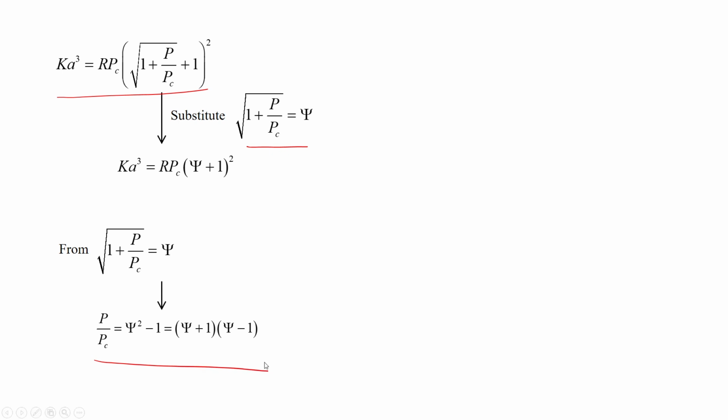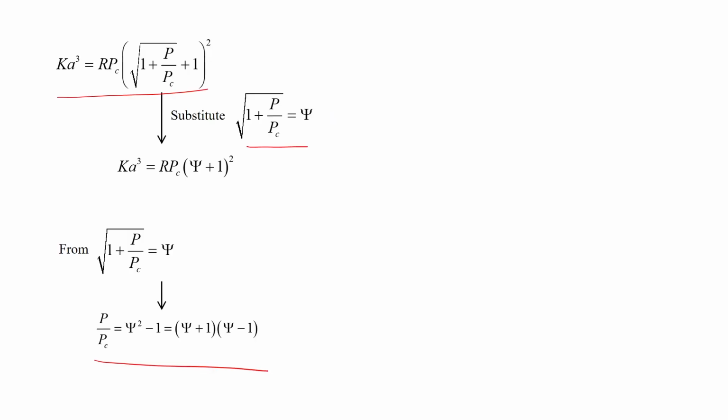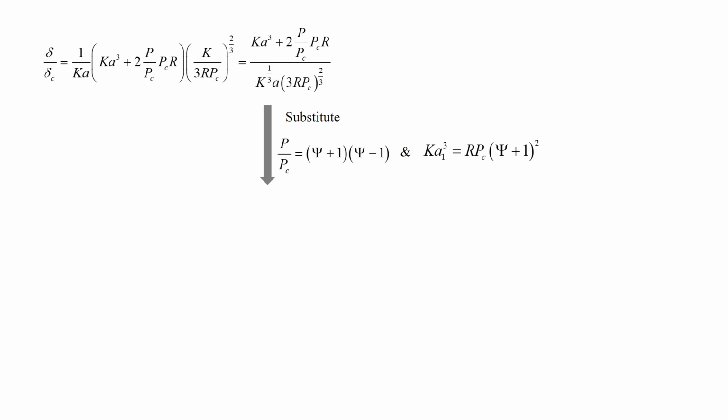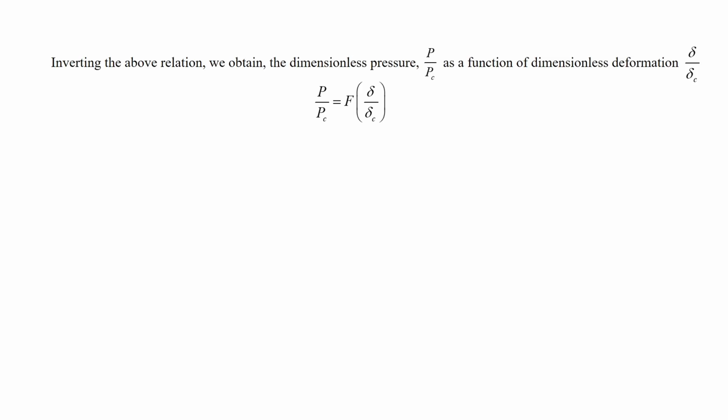So, P by Pc is like this. Now we can substitute P by Pc equal to psi plus 1 into psi minus 1, and then K a cube is equal to this quantity. If you do that, after some algebra we get this particular equation. So, we have got everything in terms of psi plus 1, psi minus 1 and like that.